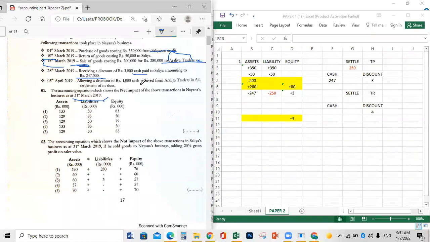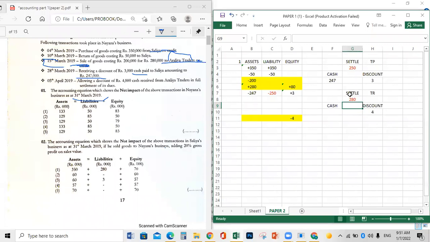Okay, see guys, you have to receive from Aurelia Limited 280,000. They are telling you that the trade receivable is settling everything. Everything means the 280,000.